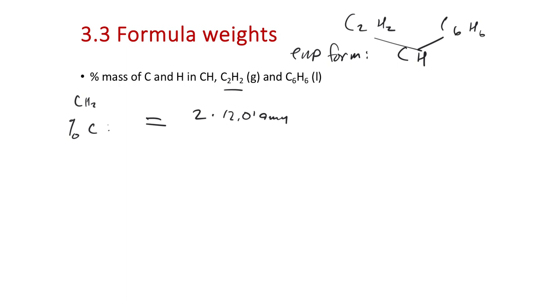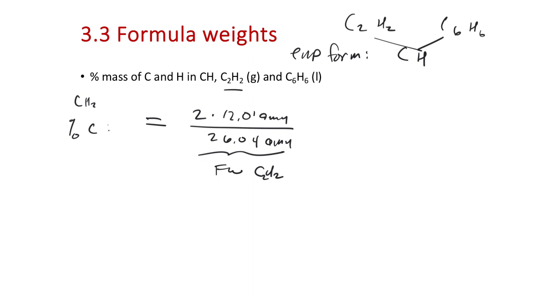Just use the same unit for the count for carbon versus the count for the whole molecule. Then I want to look at the formula weight of the whole molecule of C2H2, which we previously calculated on the other slide: 26.04 AMU.